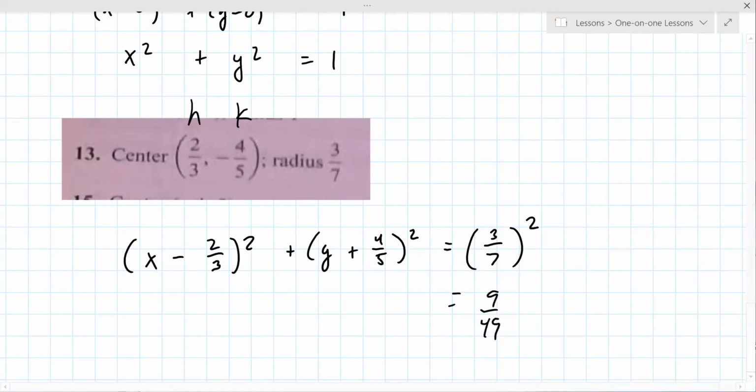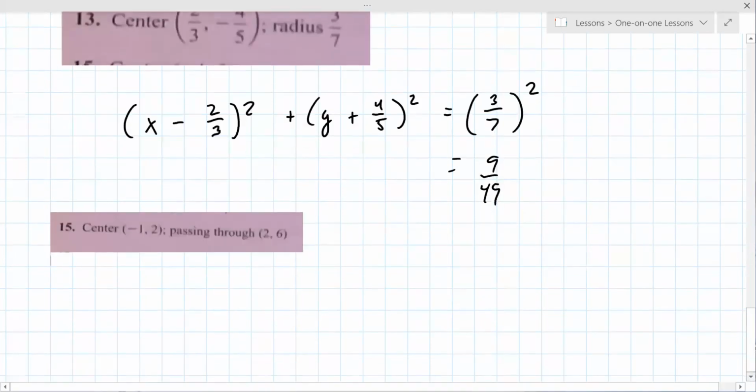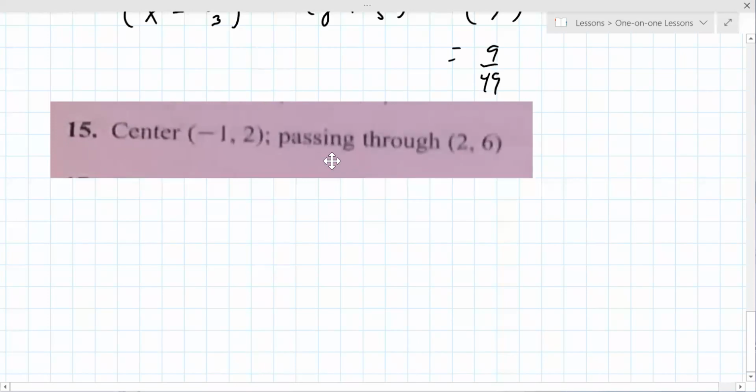Okay, number 15. So this was like one of the ones we did yesterday. It's kind of the more difficult ones. You have to find the distance between these 2 points to find the radius. So the radius is equal to the square root of x2 minus x1 squared plus y2 minus y1 squared.